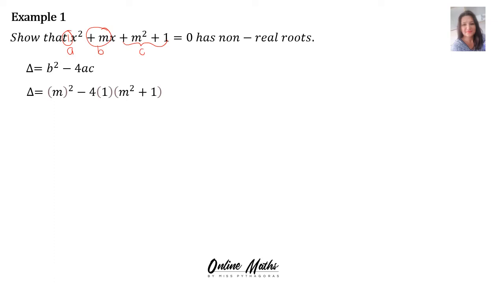In the next step, m squared, and then minus 4 times 1 is negative 4, and then I multiply it into m squared, so it becomes minus 4m squared, and I multiply it into plus 1, and it's negative 4. And then I see that these two are like terms. M squared minus 4m squared is negative 3m squared minus 4.